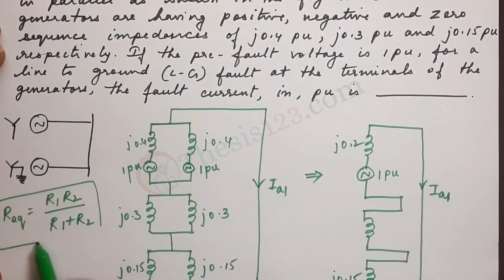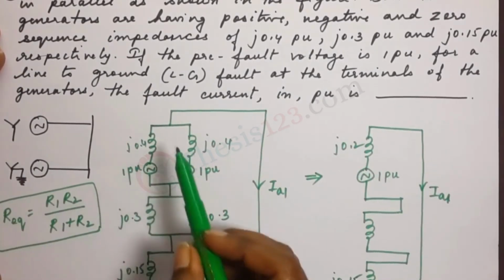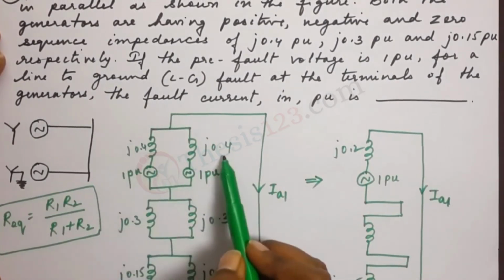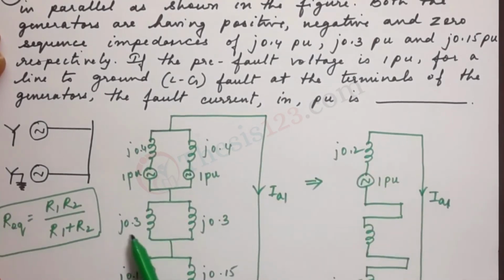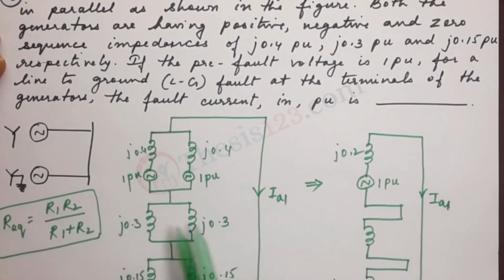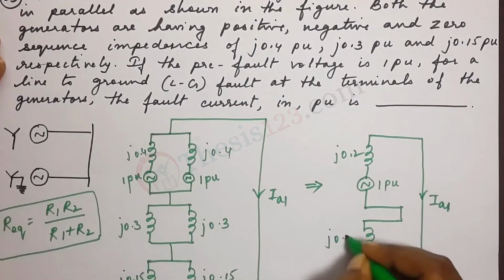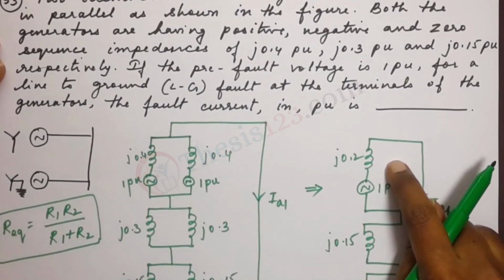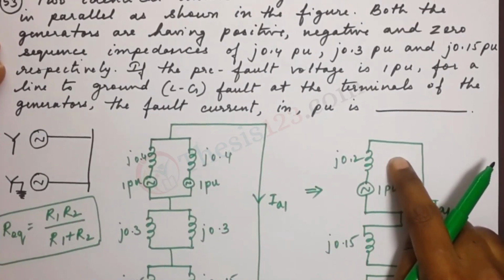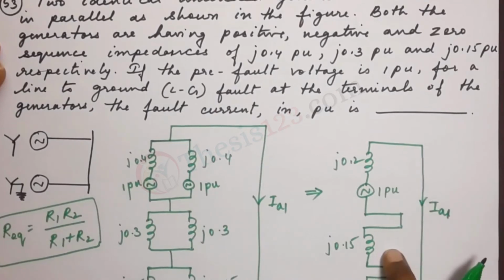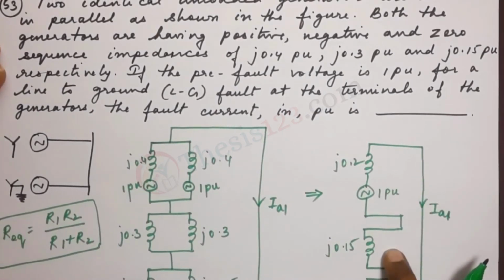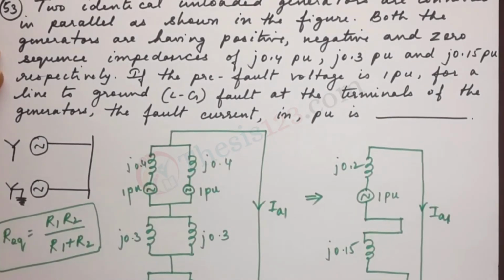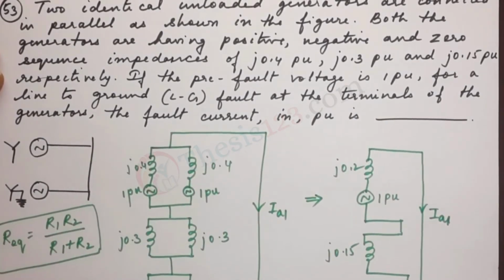So we can use this in order to calculate the impedances that are connected in parallel here. So 0.4 will give us 0.2, and 0.3 and 0.3 in parallel will give us a value of j0.15. So we have 0.2 as the equivalent positive impedance, j0.15 as the equivalent negative impedance, and j0.15 as the zero sequence impedance. That's because the fault has occurred and it shall remain the same.